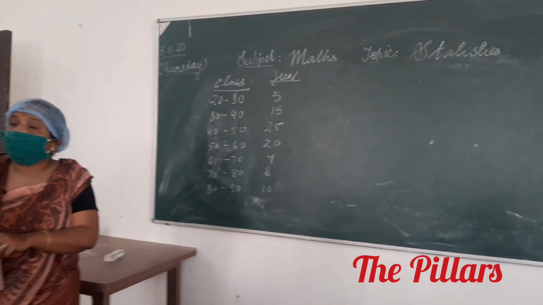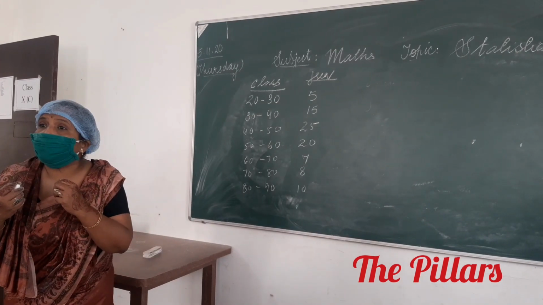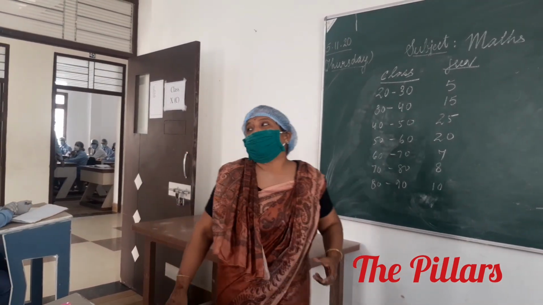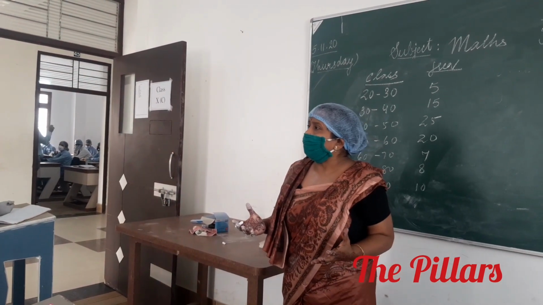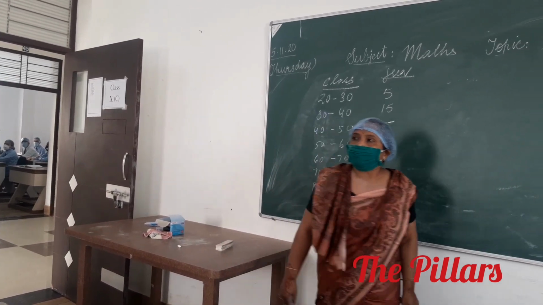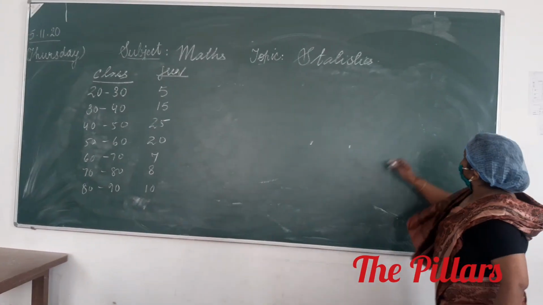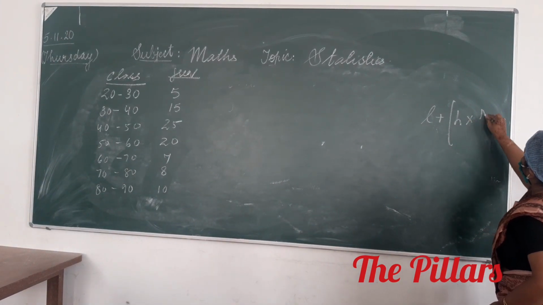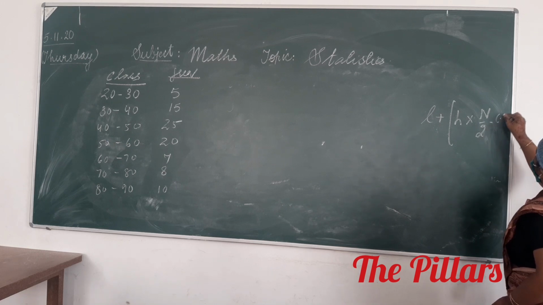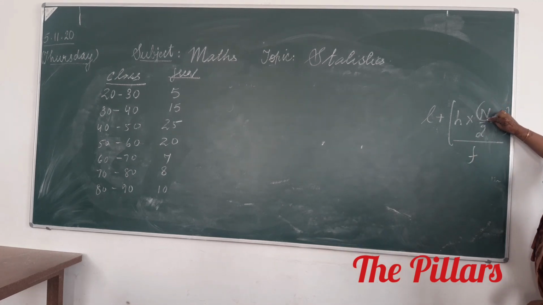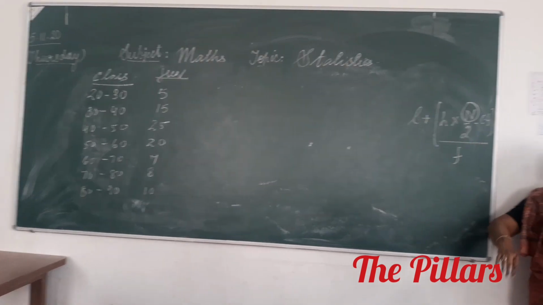So what is N? Number of terms? No, beta. L is the lower limit. Very good. L plus H into N by 2 minus CF by F. I am asking you, what does this N stand for?